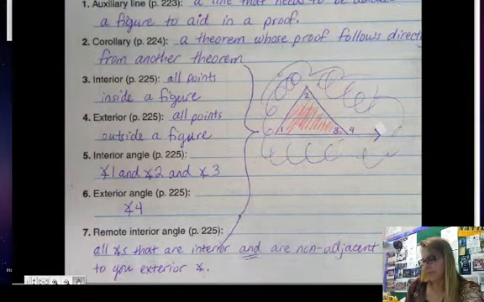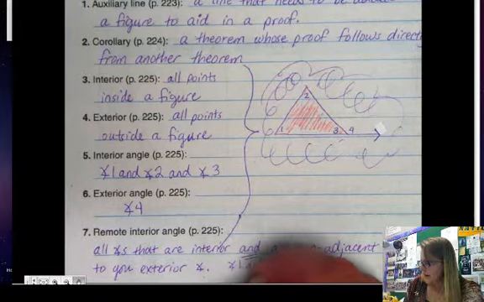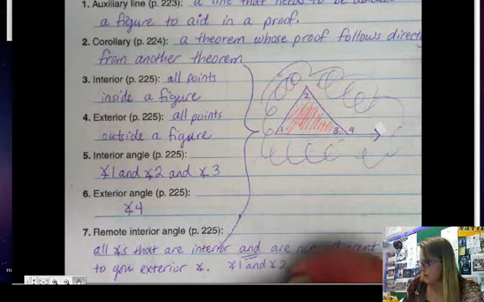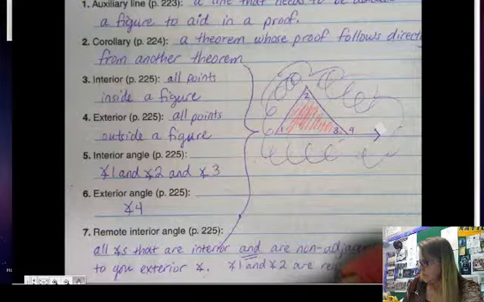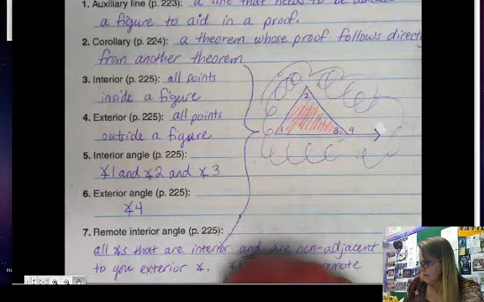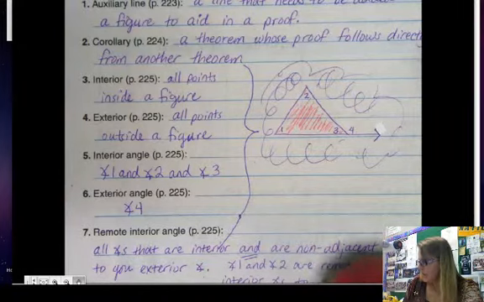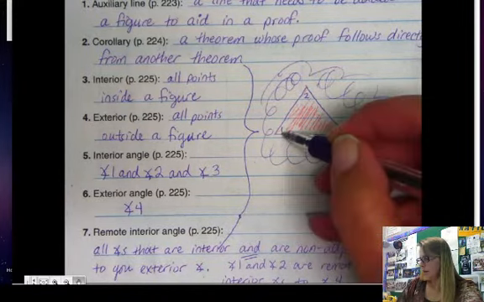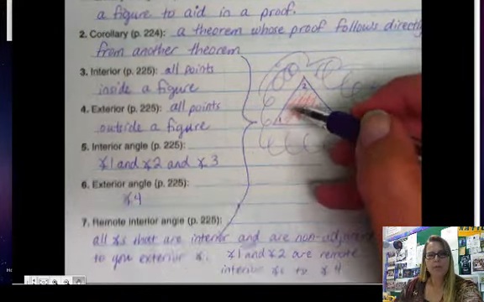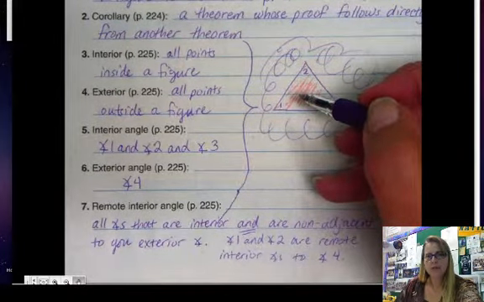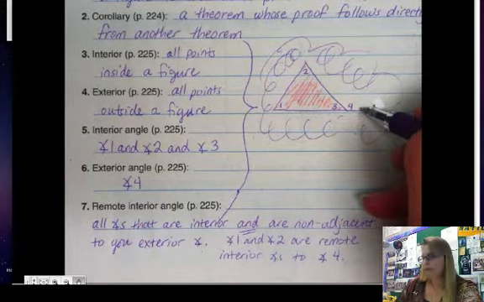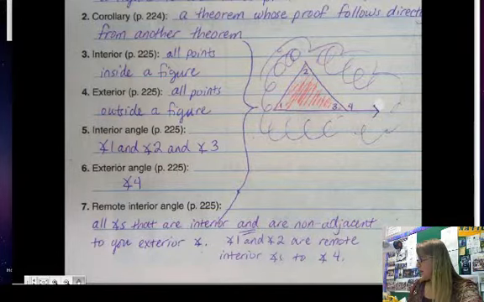So in this case, angle 1 and angle 2 are remote interior angles to angle 4. So 1 and 2 are my remote interior angles to my exterior angle 4. Okay? So that's a few vocab terms.